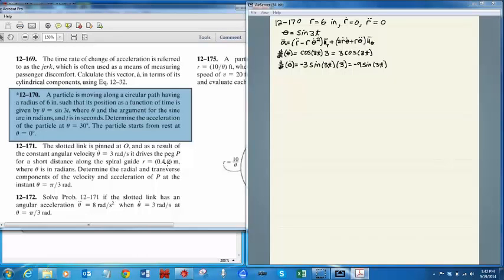In order to have these values, I need the value of time, which I don't have, but they do tell me that the time they're interested in is when theta is equal to 30 degrees. Because the equation for theta is in radians, I need to convert 30 degrees into radians. There are pi radians in 180 degrees.